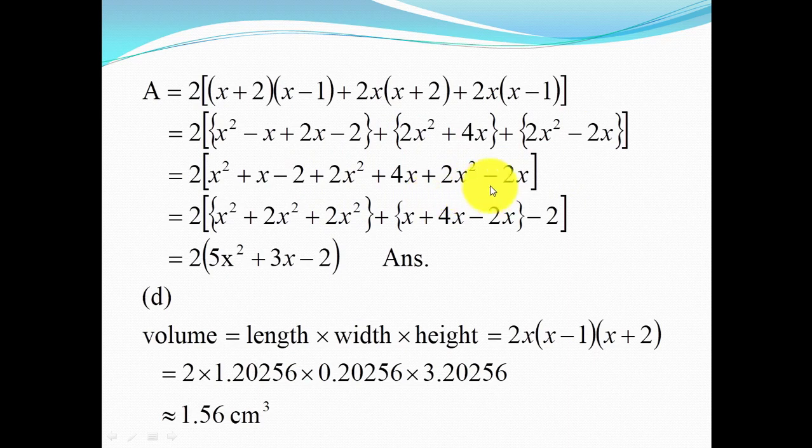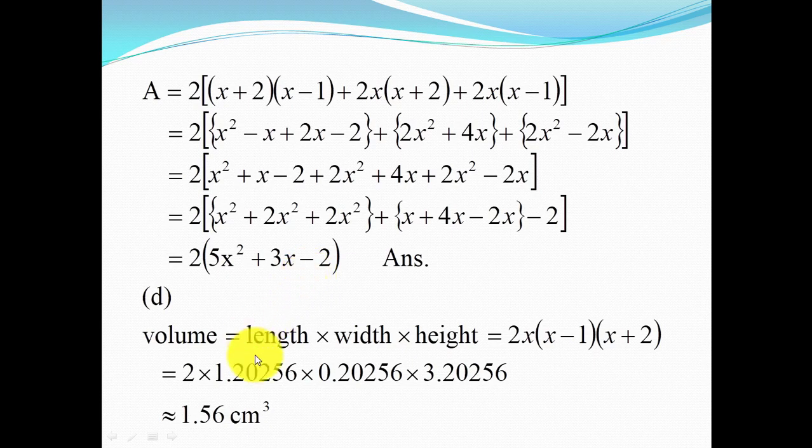Now we collect the terms that involve x square in this expression. We collect all the terms in the first curly braces that involve x square, in the second curly braces we collect those that involve x, and the last one is the constant. So adding these we get 5x square, and adding these we get 3x minus 2, and this is our required result, which is the area of the rectangle.